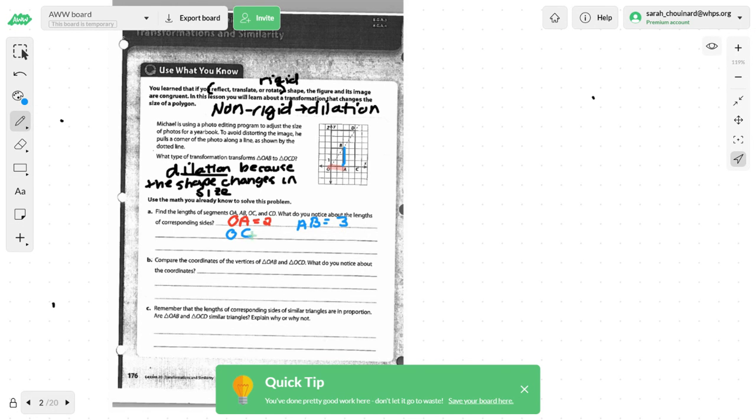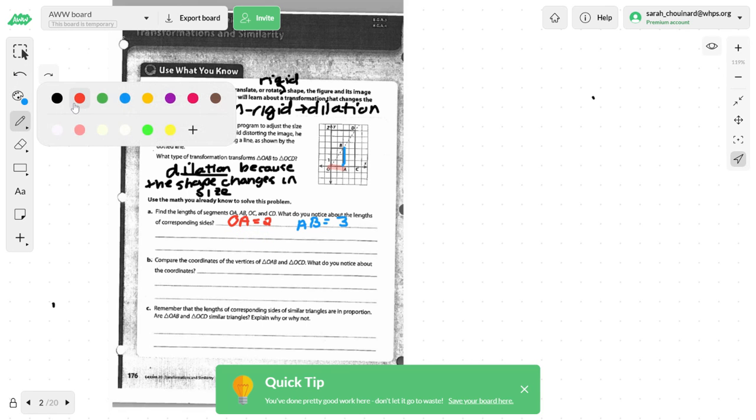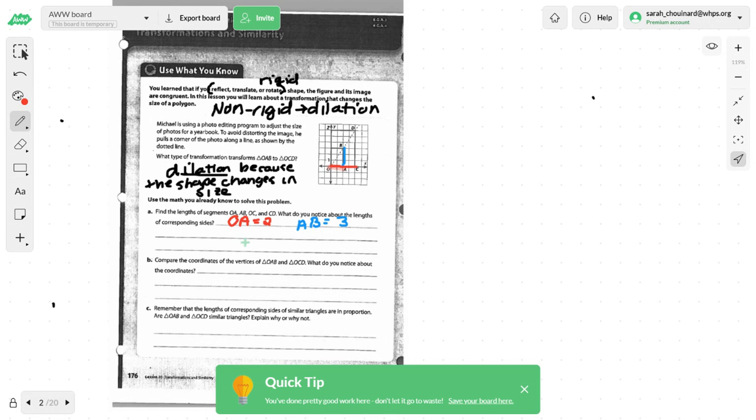And then if we look at OC, actually let me do OC in red, because OC is corresponding to OA. And so OC is 1, 2, 3, 4 units long. And then the corresponding side for AB is segment CD, which is 1, 2, 3, 4, 5, 6 units long. So CD is 6 units.